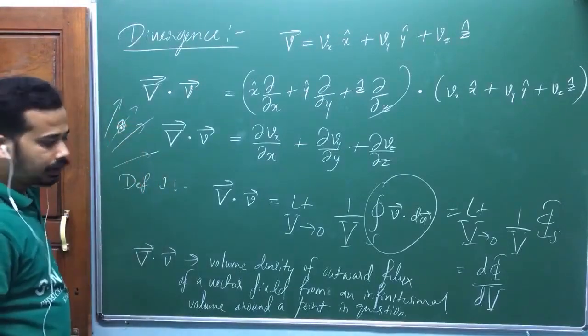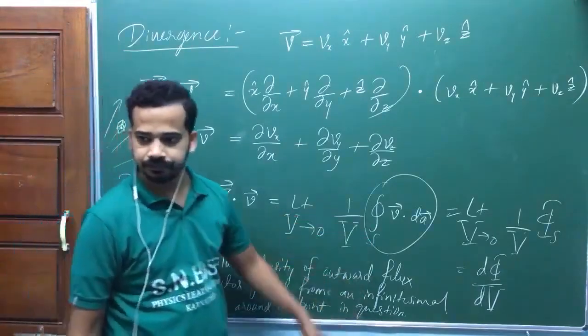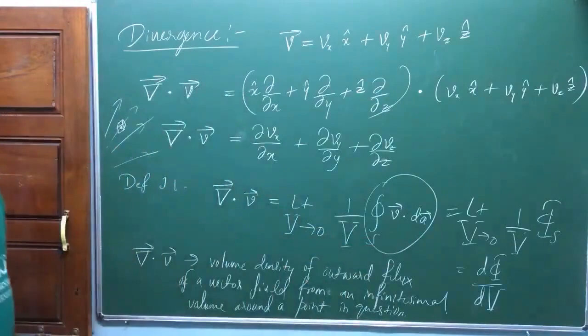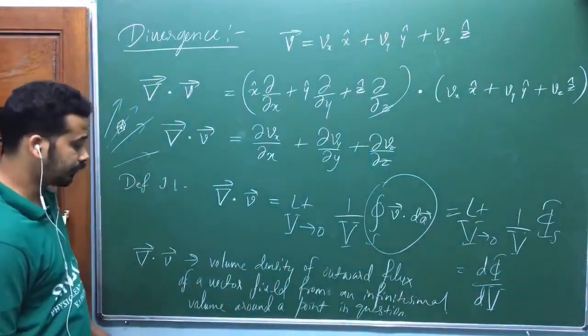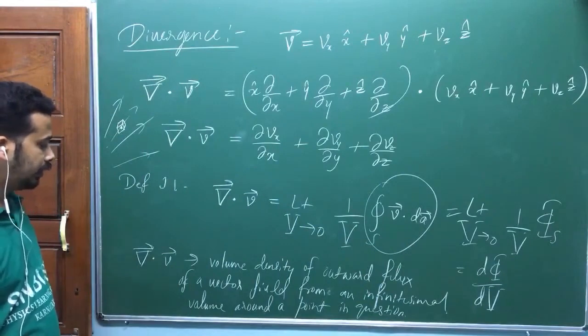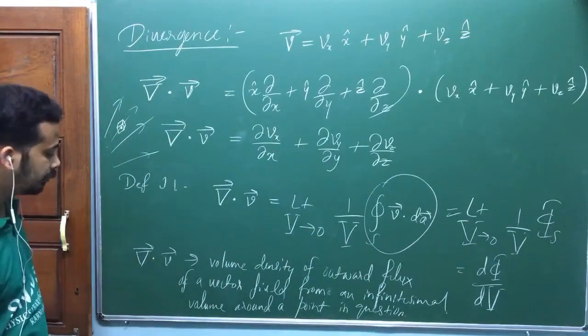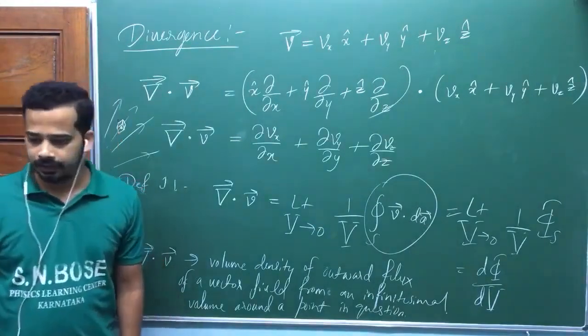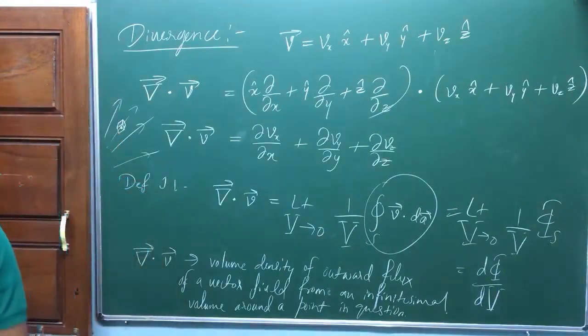Then you have to find the outward flux. I think I defined this one, isn't it? You have to take a closed surface. Outward flux of a vector field from an infinitesimal volume around a point in question. That's the first definition.